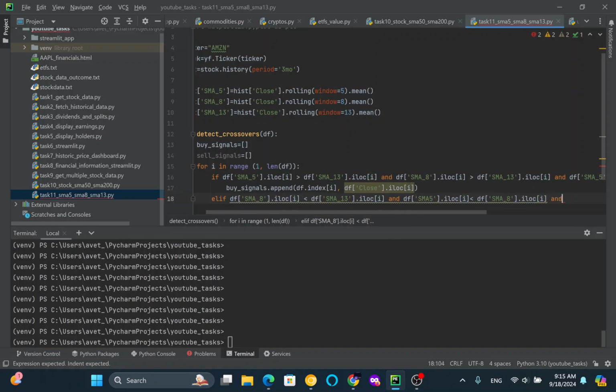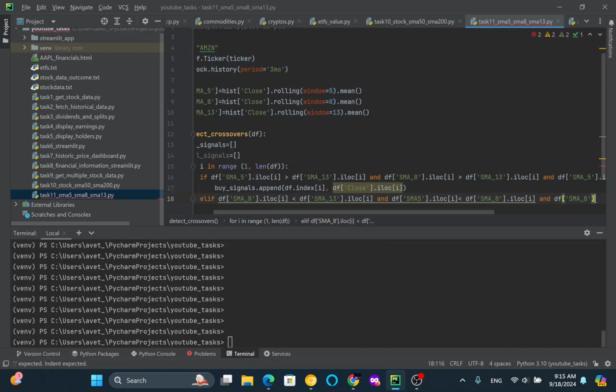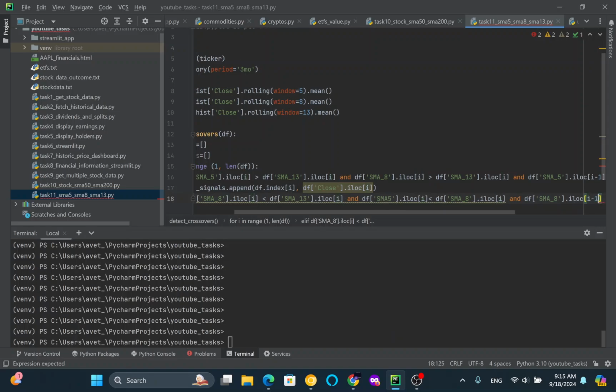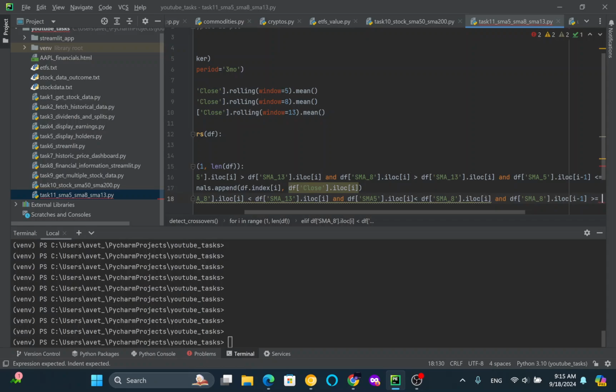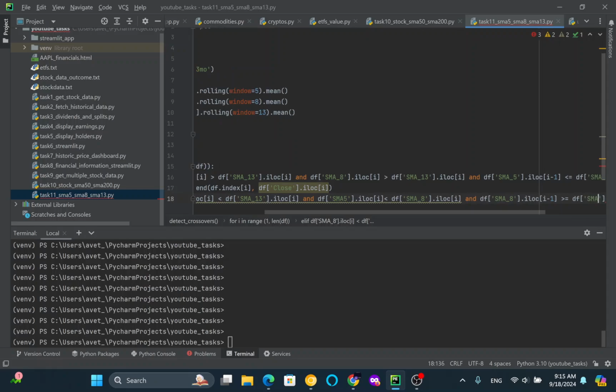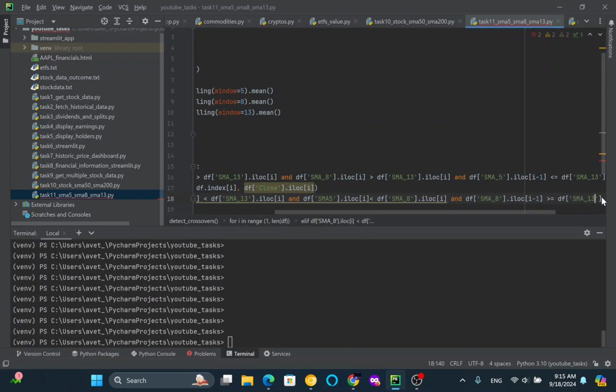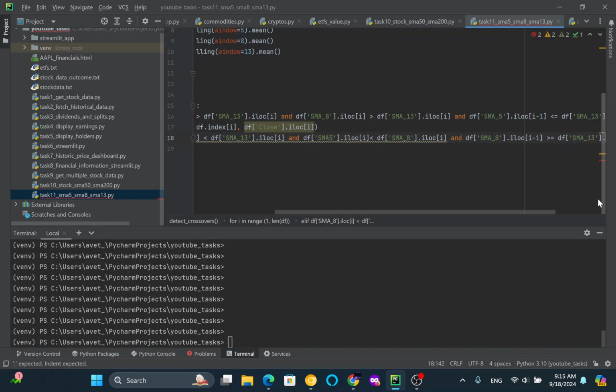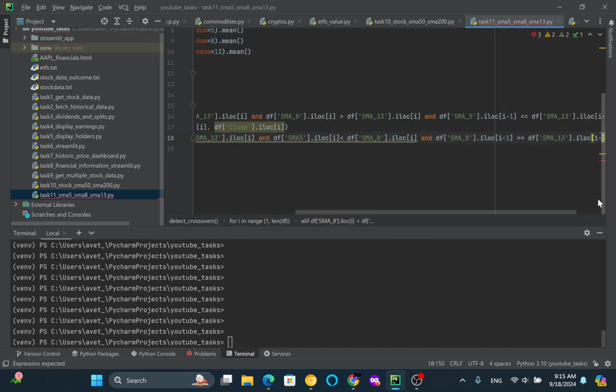And the last option: df SMA8 iloc i minus 1, so previously it was above, was more or equal than 13, iloc i minus 1.